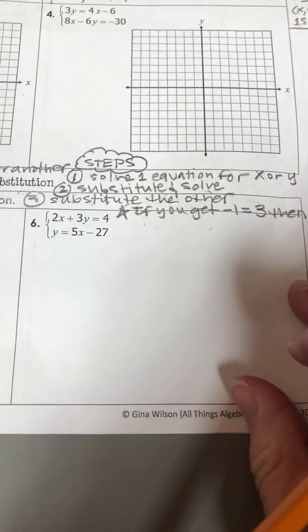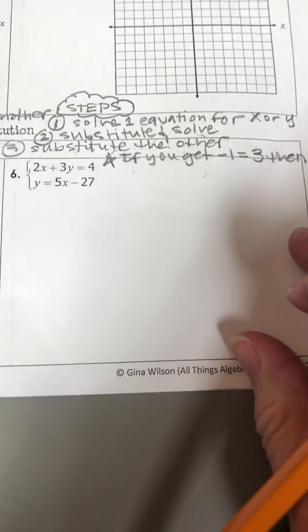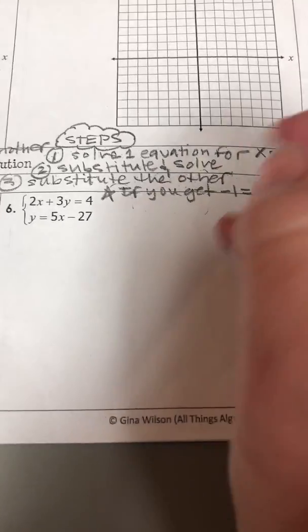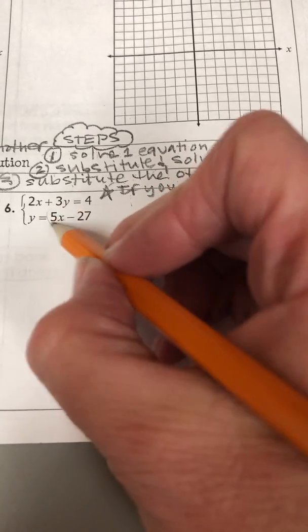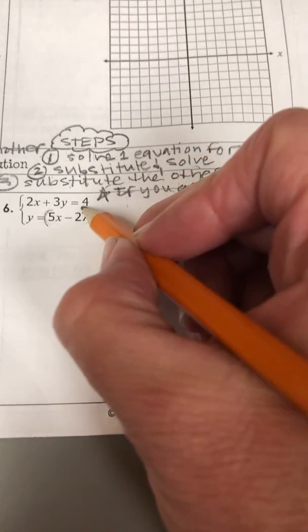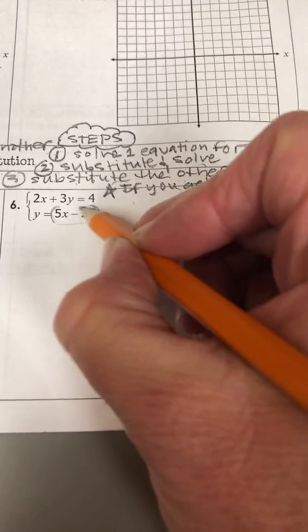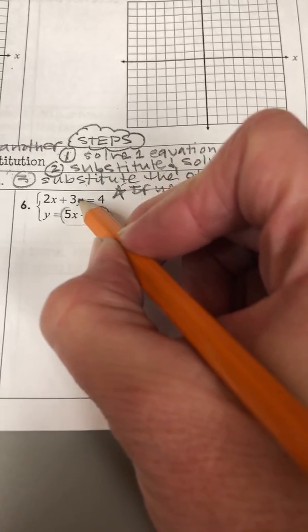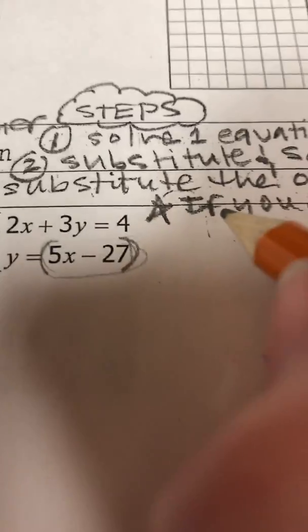One more. This is kind of an interesting one too. For this one, I have a y, which this whole thing is y. Well, what if I just take this whole value of y and stick it in this y up here? Let's try it.